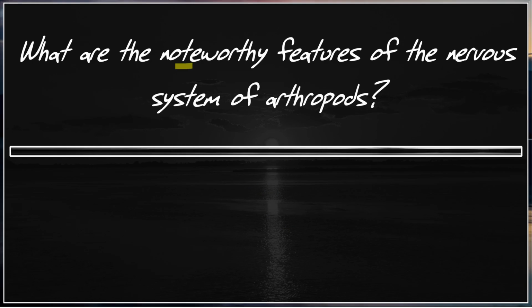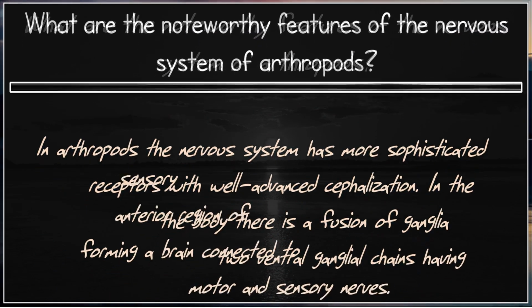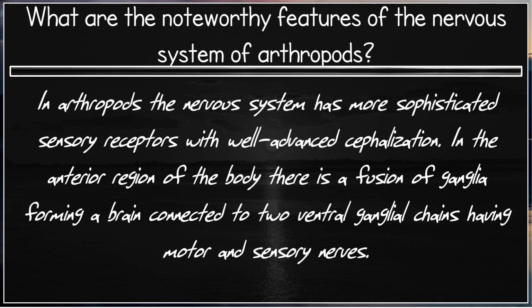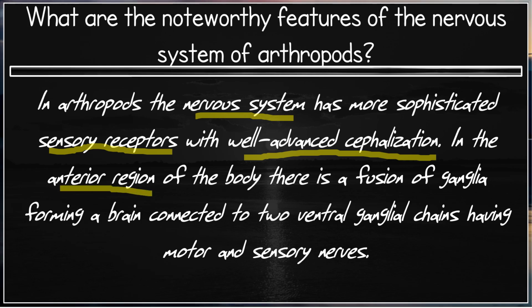What are the noteworthy features of the nervous system of arthropods? In arthropods, the nervous system has more sophisticated sensory receptors with well-developed cephalization in the anterior region of the body.